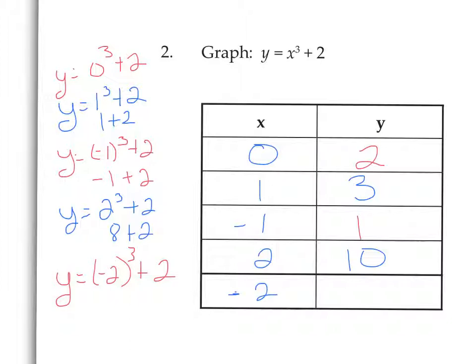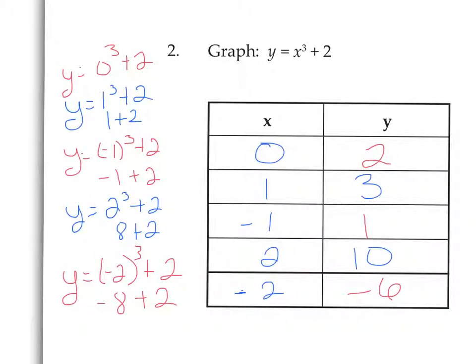Negative 2 cubed is negative 2 times negative 2 times negative 2. Comes out to be negative 8 plus 2. Makes negative 6. And we have our ordered pairs here, just by evaluating into the given function equation and simplifying.